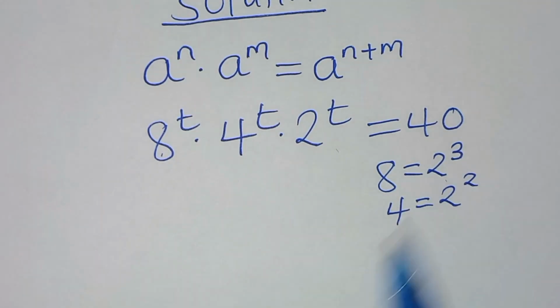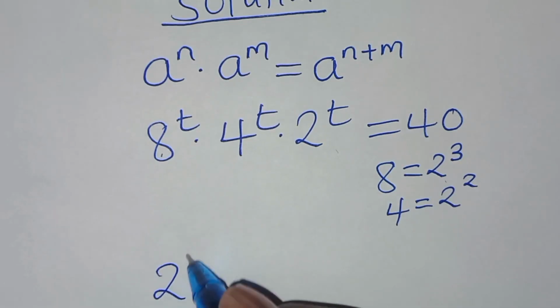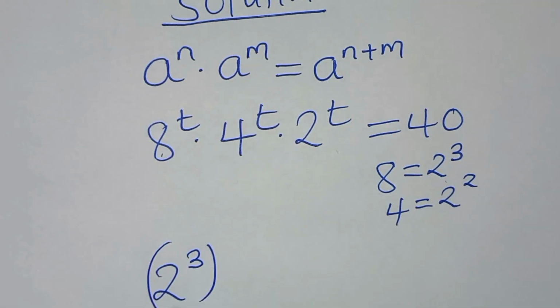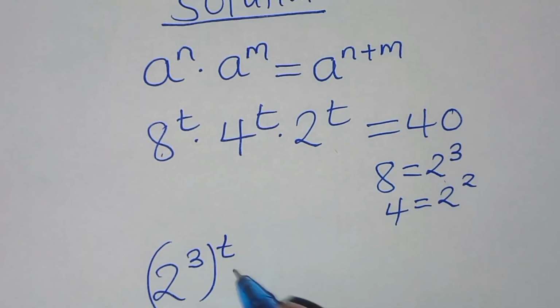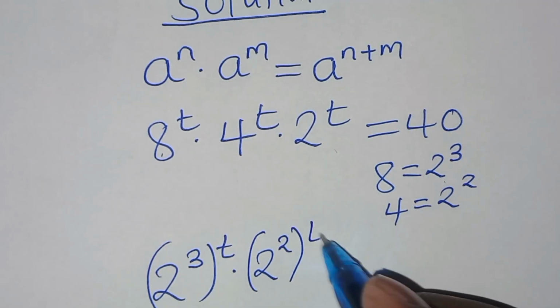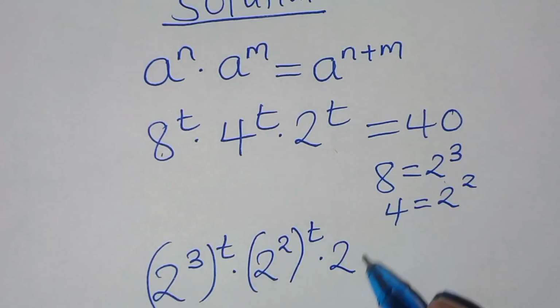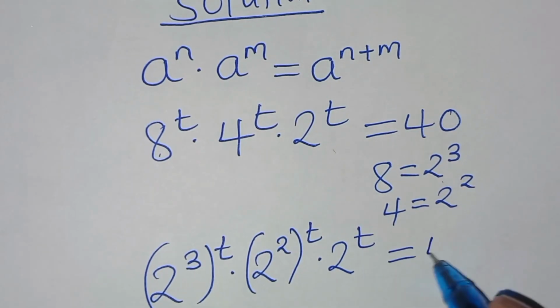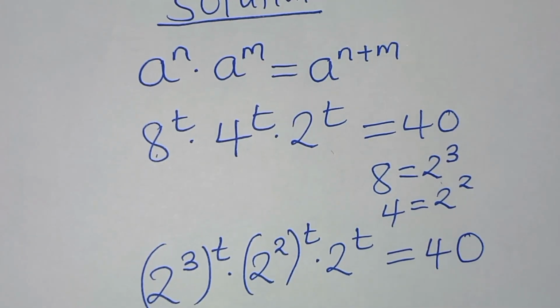So, substituting this here, we have 2 to the power 3 raised to the power t multiplied by 2 to the power 2 raised to the power t multiplied by 2 to the power t, equal to 40.